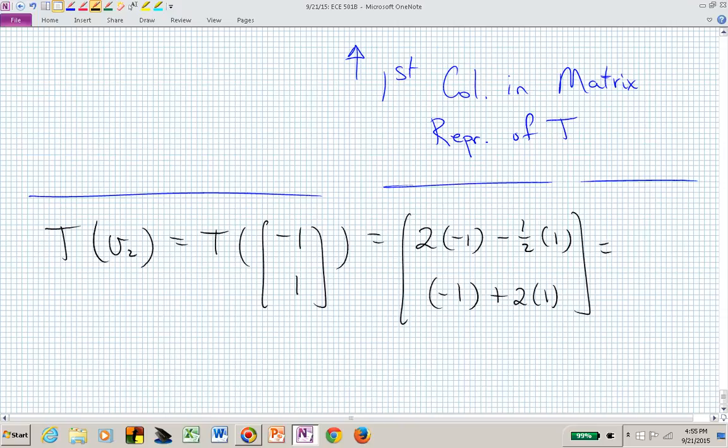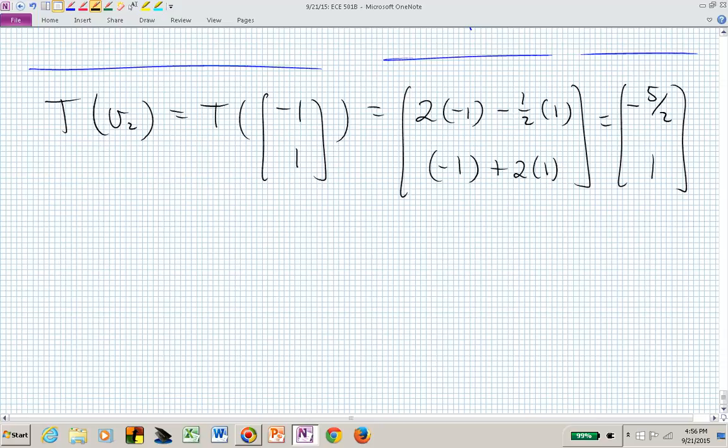Or we now have minus 2 minus 1/2, or minus 2.5 as the first coordinate, or minus 5/2. Minus 1 plus 2 is 1 for the second coordinate.